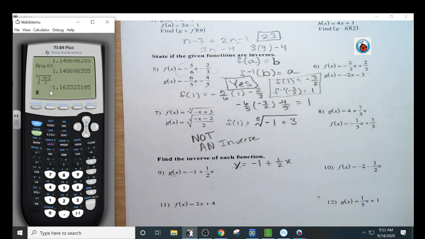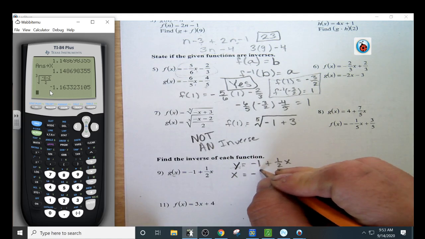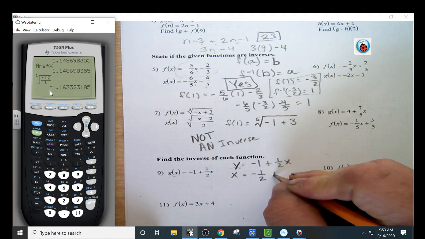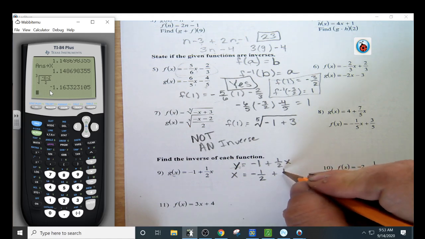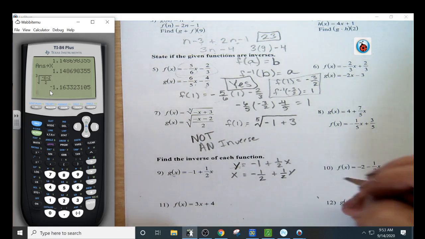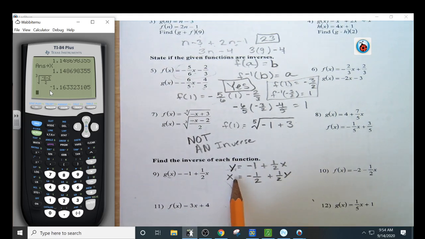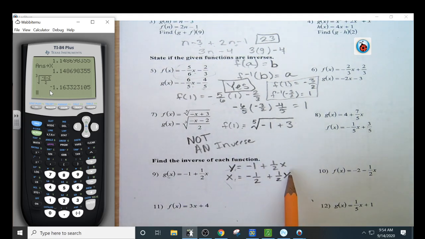Now, the next step is you just simply switch your variables. Now, step 1, step 2. Step 3 is, guys, you're going to get the y by itself again. The y was by itself here, but once you switch the variables, it's no longer by itself.